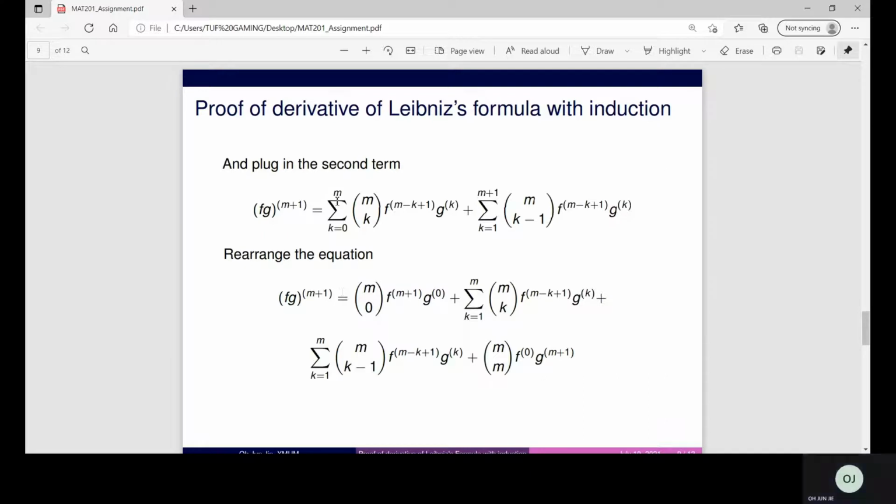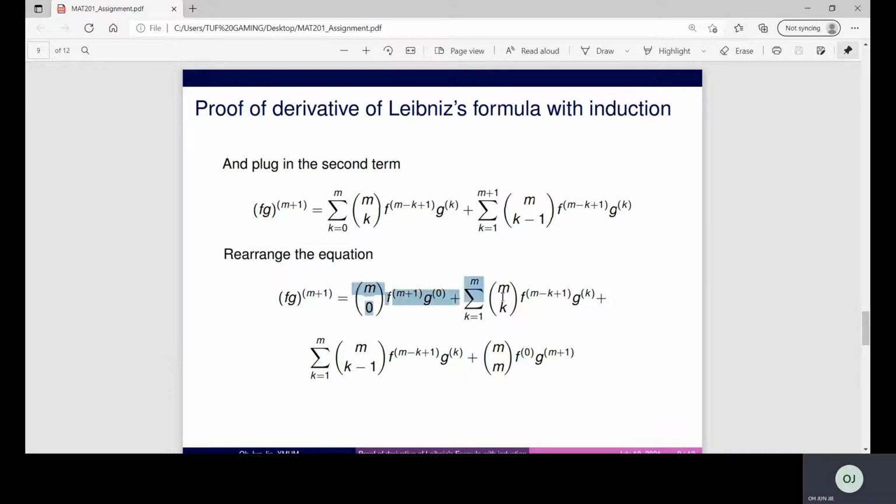We can now consider the first term. We can let k equal 0 to put it outside, to substitute into the equation, plus the sum from k equals 1 to m of the binomial m to k times the derivative of order m minus k plus 1 of f times the derivative of order k of g.